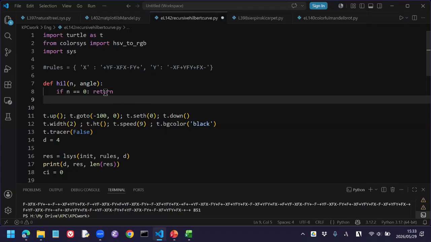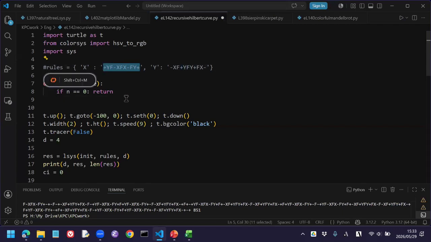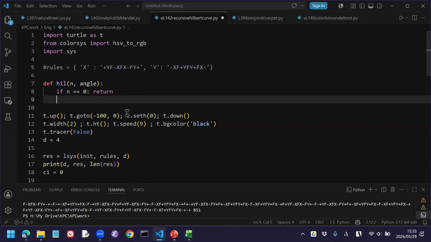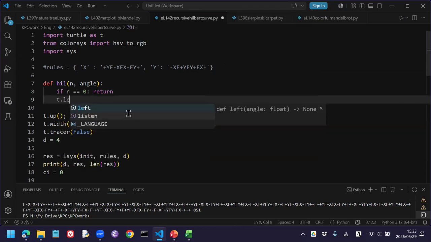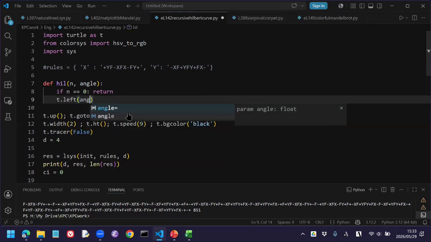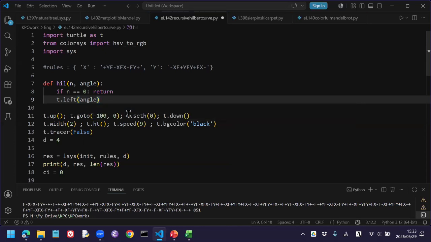So let's just follow this. The first thing is turn left by angle, okay? Not angel, but angle. Then here comes y.